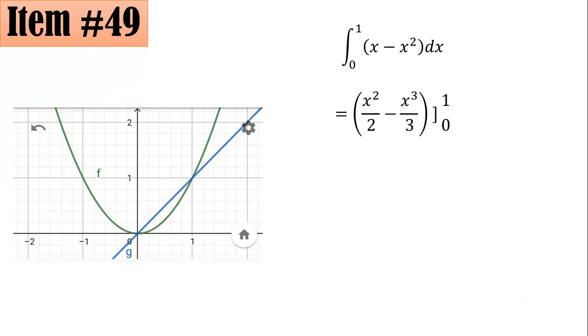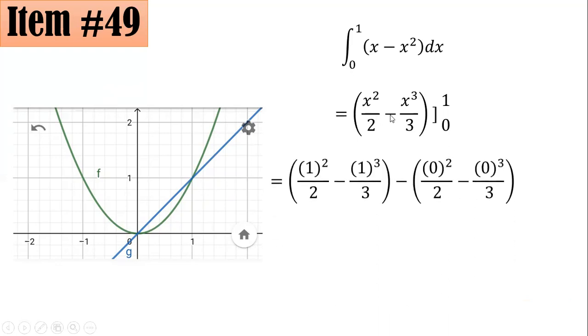And you have to evaluate this as you go in these limits. So you will substitute 1 to this: it will be 1 squared over 2 minus 1 cubed over 3. You also have to substitute 0: that will be 0 squared over 2 minus 0 cubed over 3.